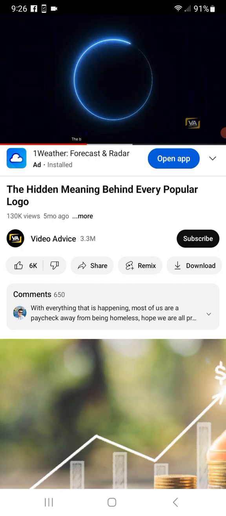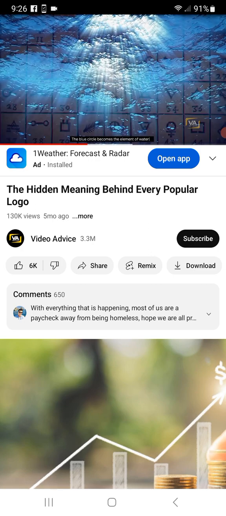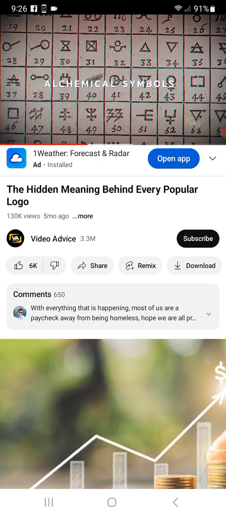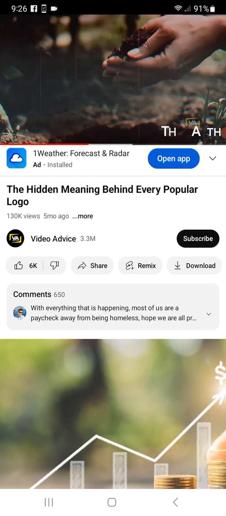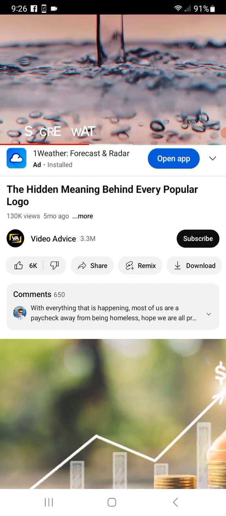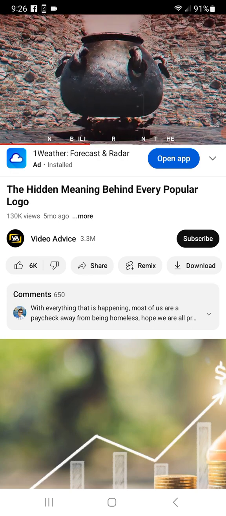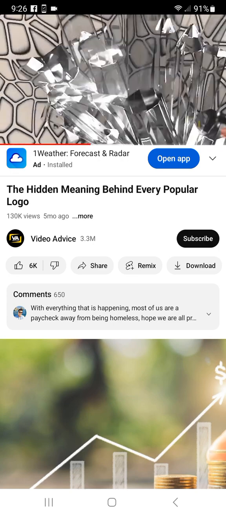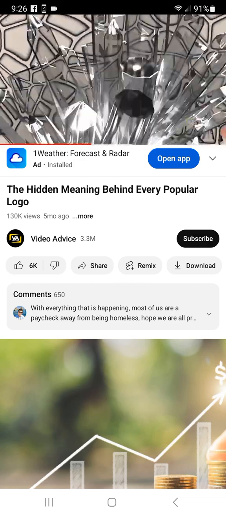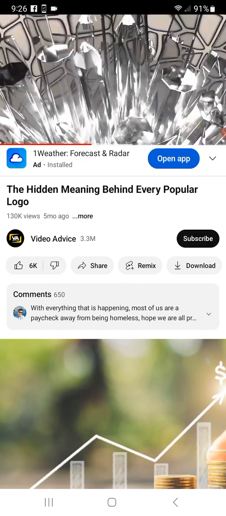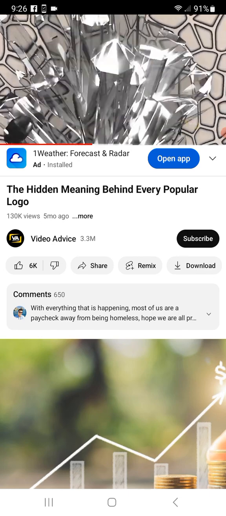The blue circle becomes the element of water. And these are alchemical symbols, because if you put together the prima materia, the earth, and the sacred water, and you boil it and burn it down with the fire, what you're left with is this white powder, this philosopher's stone, or the mana, which is a white light stone, which is incredibly fascinating.